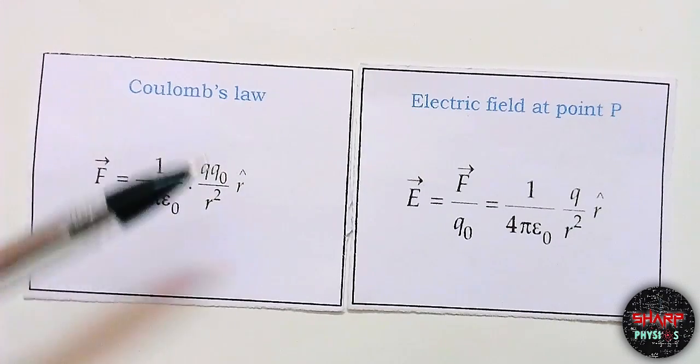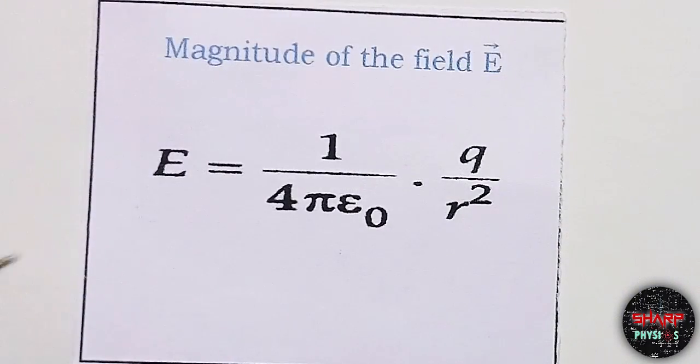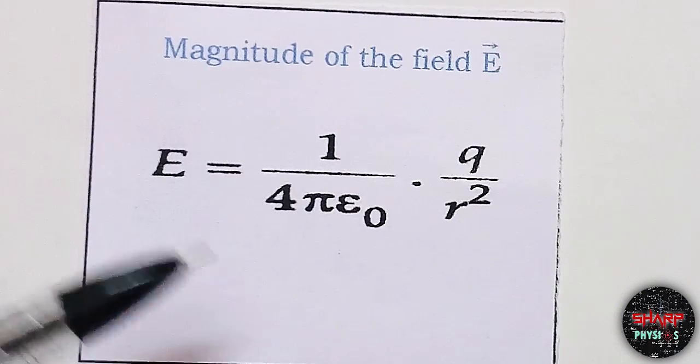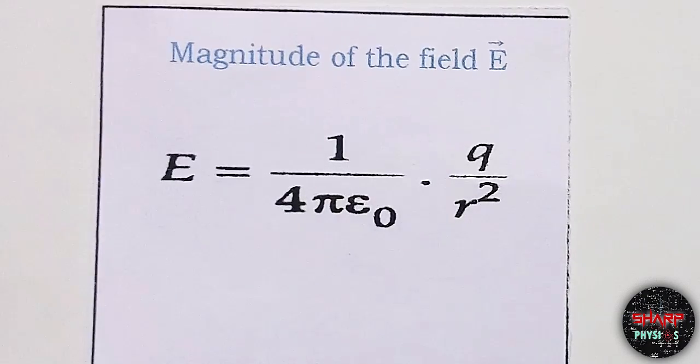Based on this, the magnitude of the electric field will be 1 by 4 pi epsilon 0 into Q by R square.